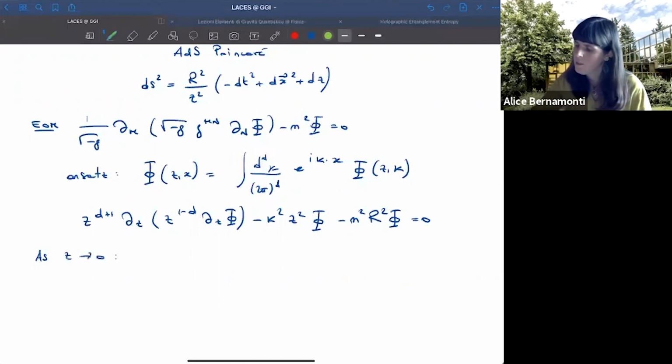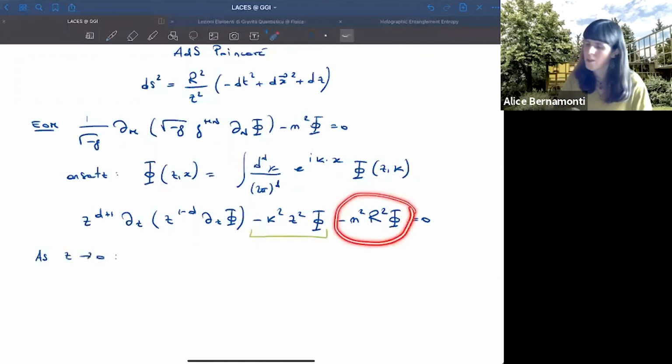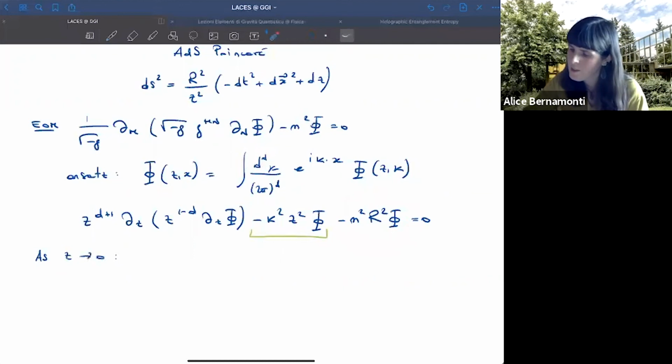In that case, we can simply neglect this term, which is clearly subleading with respect to the mass term. And so this equation simplifies, and it's a homogeneous equation which is simply solved by a power function.